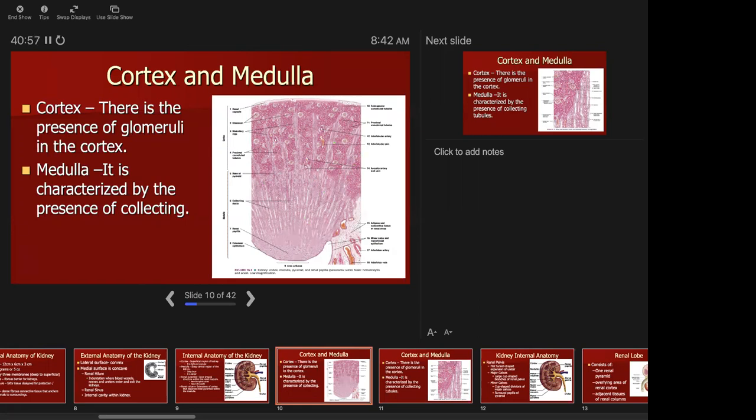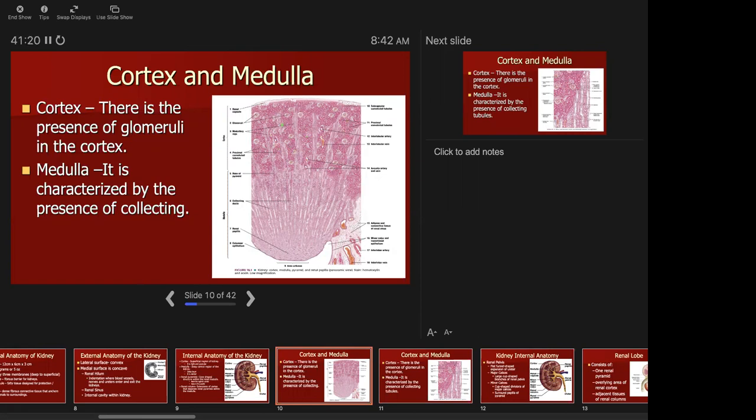And in the cortex, you see a lot of glomeruli. These are glomeruli, the tuft of capillaries that receive the afferent arteriole and give rise to the efferent arteriole. So you can see all these are nephrons, and in between nephrons, all these are tubules.